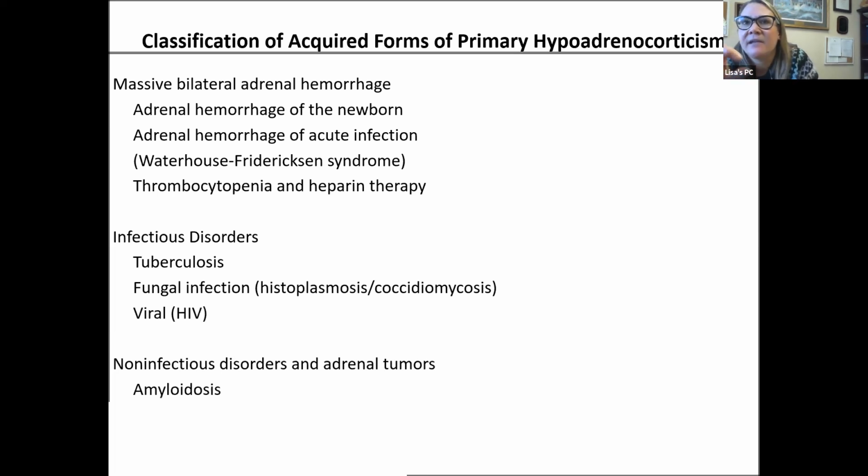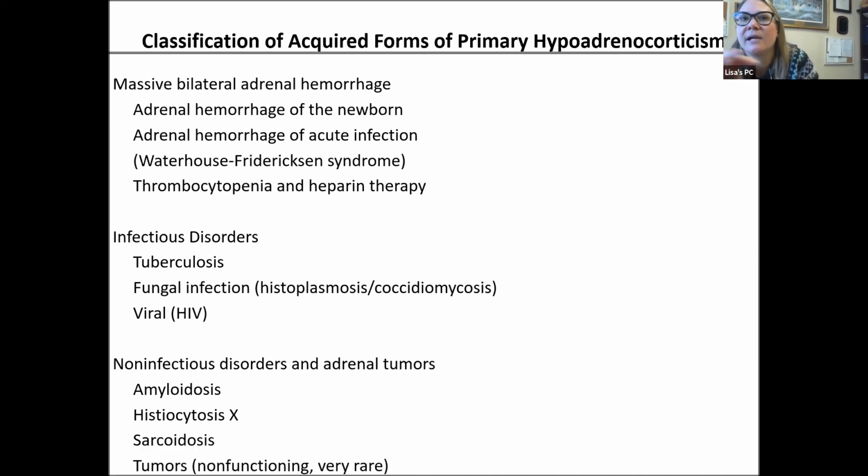Fungal infections, HIV. We don't see these a lot in kids, but these types of things, if you have protein deposition and things like that in your adrenal gland, or yes, you can have adrenal hypofunction related to like amyloidosis, histiocytosis, sarcoid.